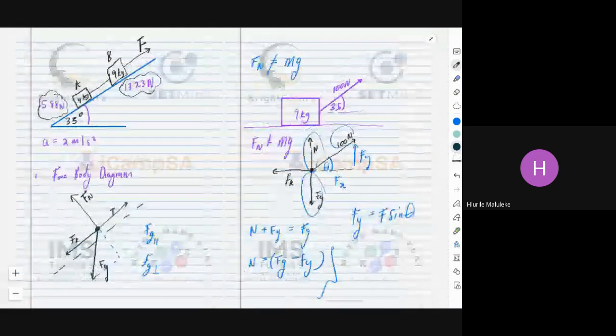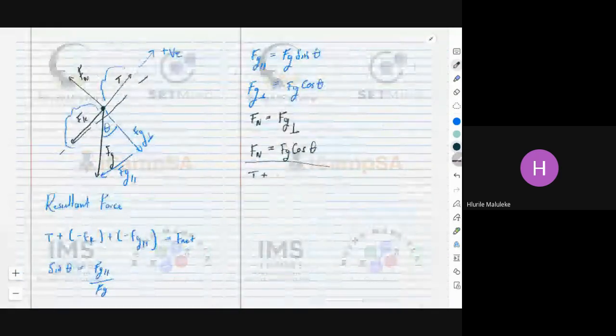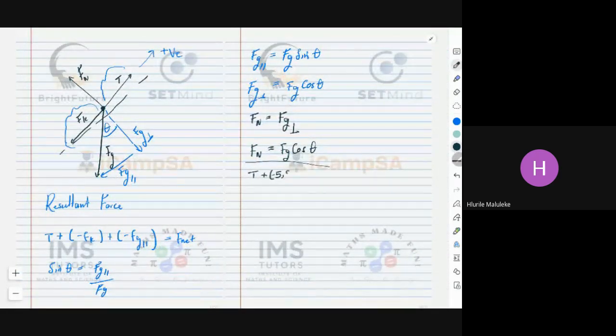We're going to have 5.88 as our friction, minus 5.88. Then plus, this is our minus Fg parallel, sine theta, equals ma, right?